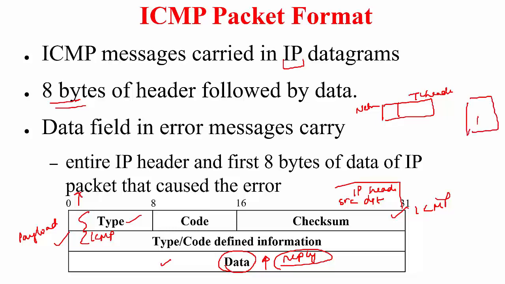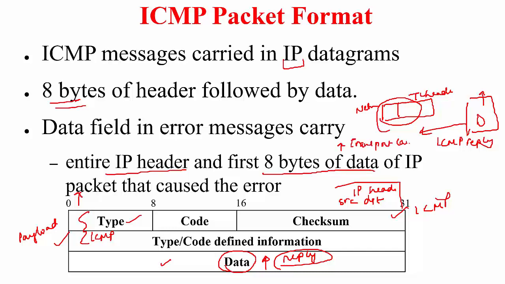And the host D could not pass it to the right process. So when it is doing this ICMP reply, some portion of this packet, not the entire packet, but some portion of it, which is essentially the entire IP header and the first 8 bytes of the data, which is essentially the transport layer data, it will include here as part of the reply.